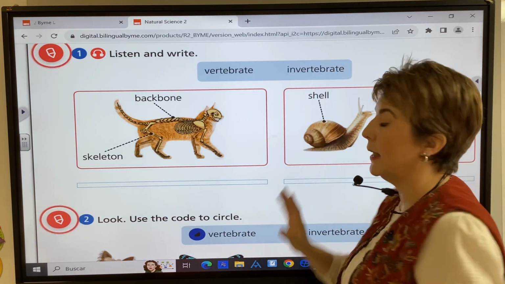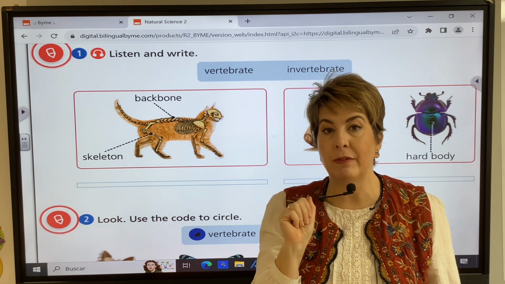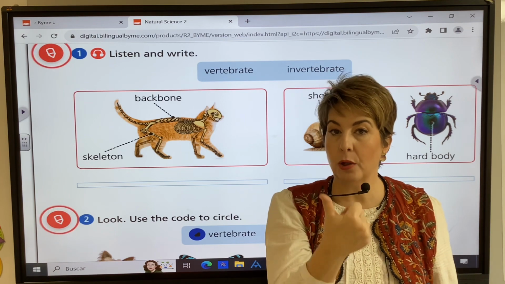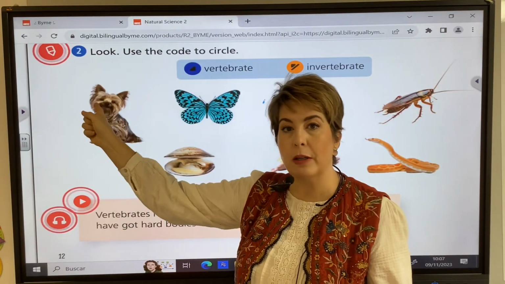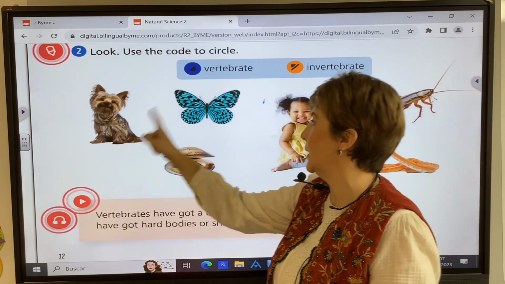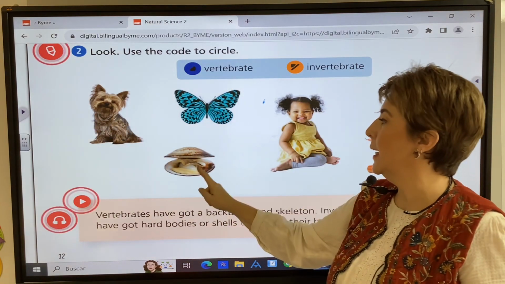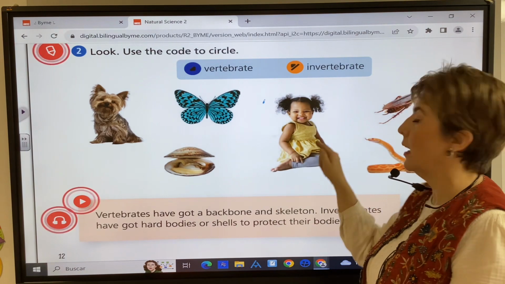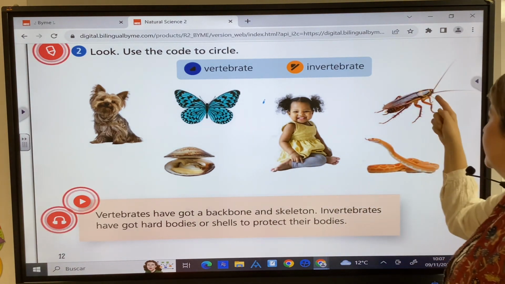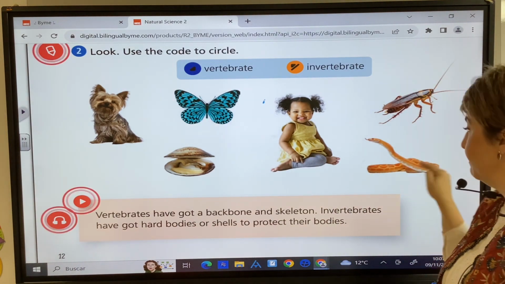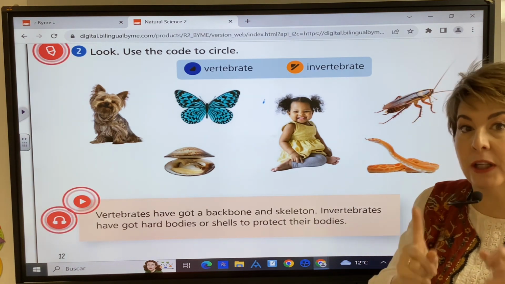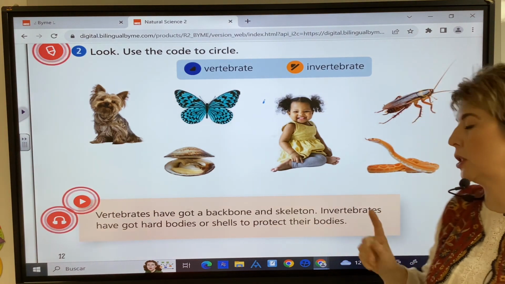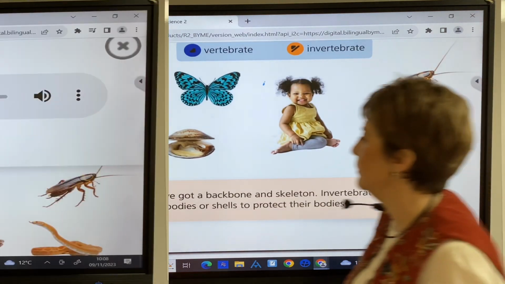We have studied 2 groups of invertebrate animals, arthropods and mollusks. Vertebrate or invertebrate? Vertebrate, invertebrate, invertebrate, vertebrate, invertebrate. And this is the difficult one because it's a reptile, it is vertebrate, okay? It has bones, has a skeletal column.